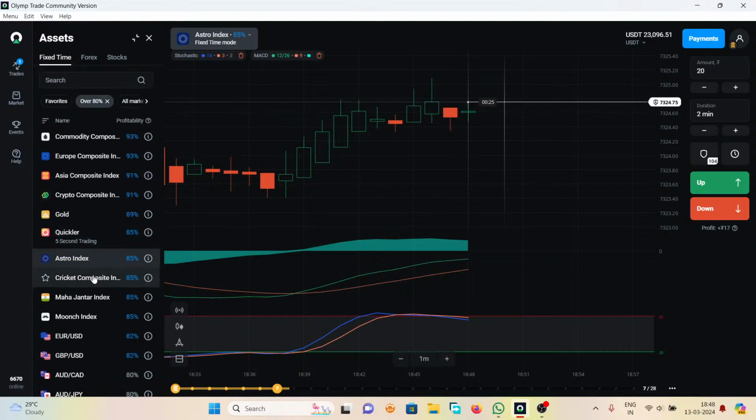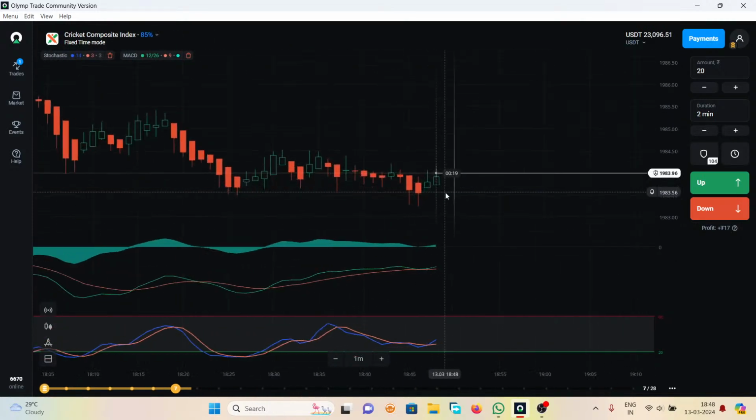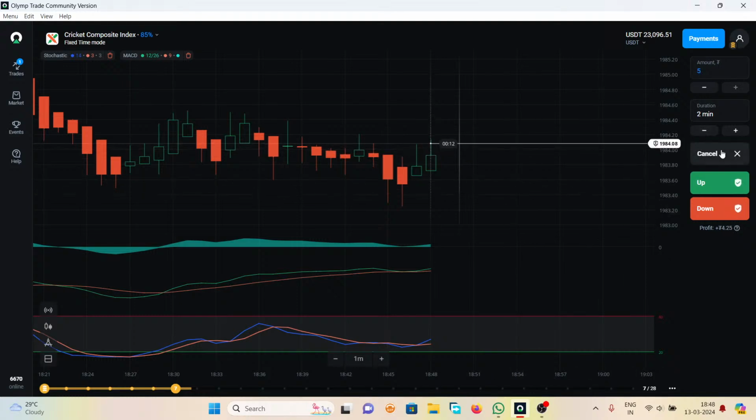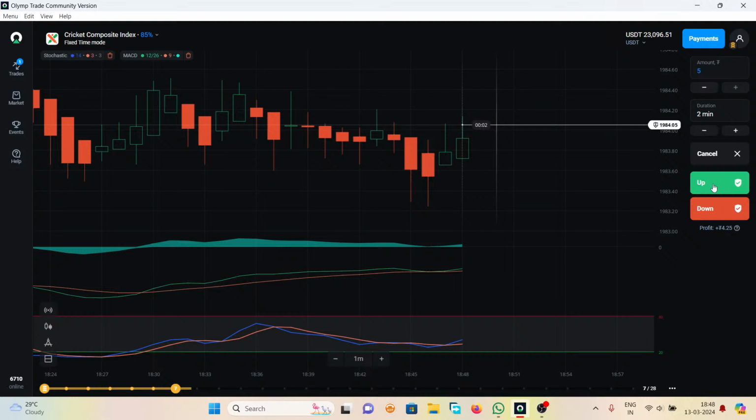So any asset that is providing us a signal, you can choose and easily open the trade. But remember one thing: before opening the trade, you always need to focus on your previous candles. If the previous candles are coming like this, that means there may be a chance that our trade is going to be dicey.